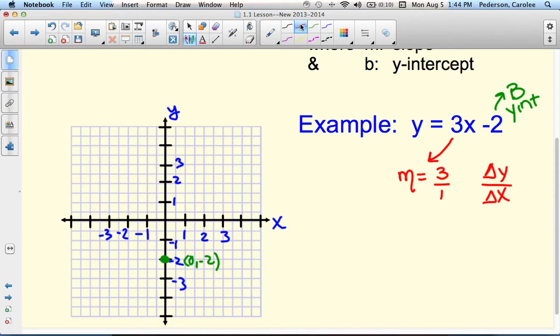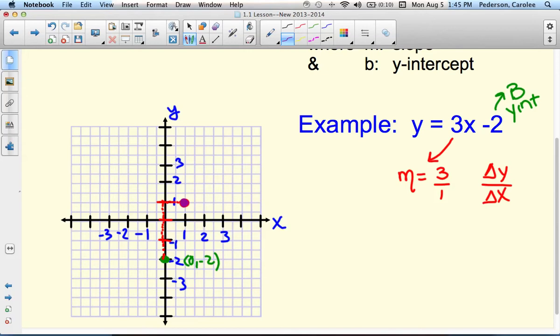Then we do our slope. We have a positive change in y of 3, so we go up 1, 2, 3, and then we run 1 in a positive direction, the change in x. There's my new point. Let's put that in purple.